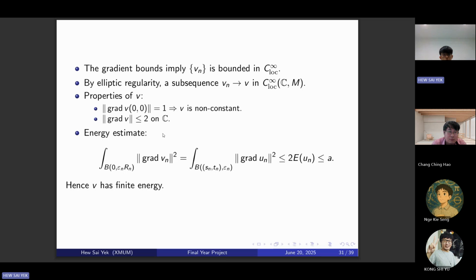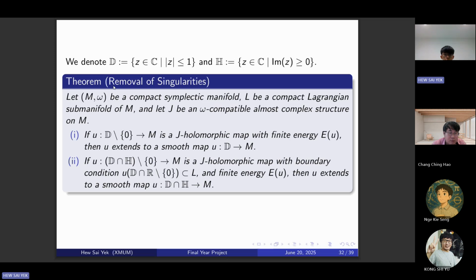Generally, it must have finite energy, since u_n is a solution and has finite energy. We then go into the removable singularity theorem, so that we can extend the map to the sphere, and extend the map to a disk.